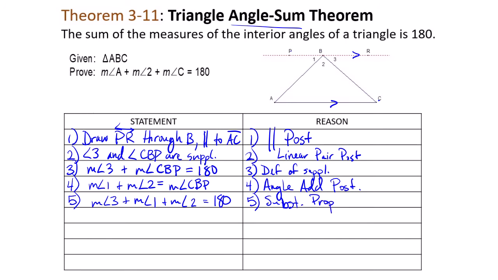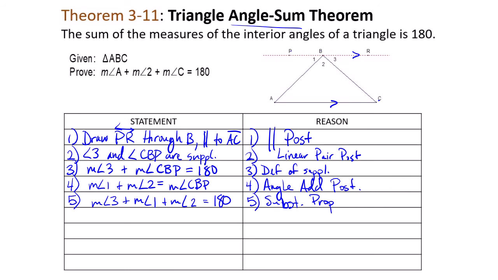All right. Okay, so basically, just to reiterate, this came from subbing this in for this, right? Since those are equal values, we can replace one with the other. So we did all that to say that 1 plus 2 plus 3 equal 180, right?